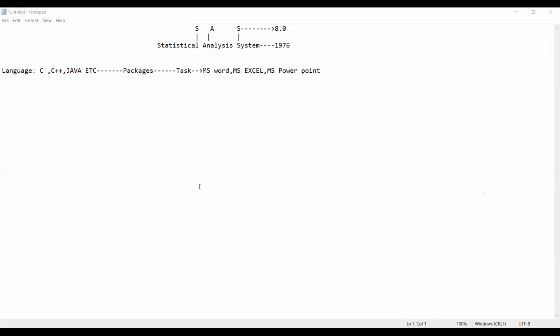Hence we can say that languages are technical applications. I'm writing it here: languages are nothing but technical applications.